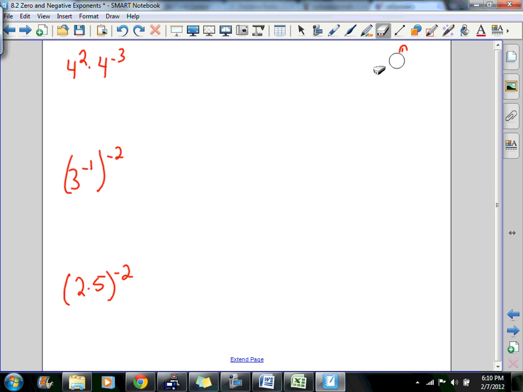So we're back. Here we have to drop down to addition, so we get 4 to the negative first, which becomes 1 over 4. This negative 1 times negative 2 becomes positive 2, so we get 3 squared, which is 9.